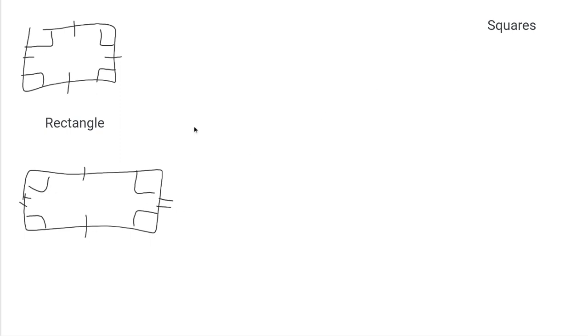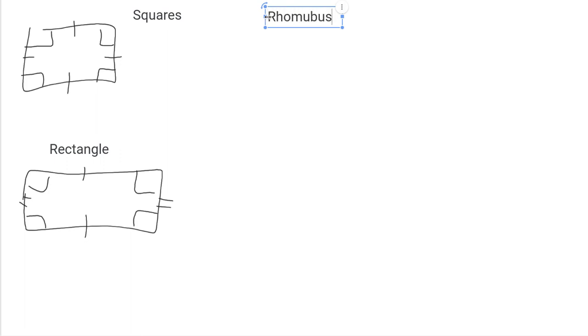Some fancy textbooks might say that these 2 are parallel and these 2 are parallel, but if they're all 90, it's the same thing. The next one I want to talk about is called a rhombus. A rhombus is a square. The only difference is it is tilted on its side.